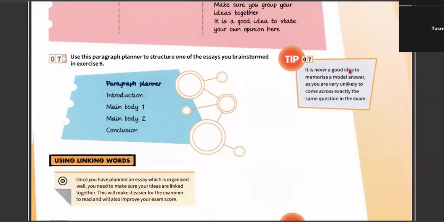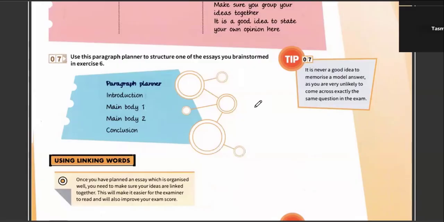Okay. So there is tip number 7. It is never a good idea to memorize a model answer as you are very unlikely to come across exactly the same question in the exam. Definitely, this is a very bad idea. Well, I think this has decreased now, but before it was very common that whoever was preparing for IELTS used to memorize a particular pattern.